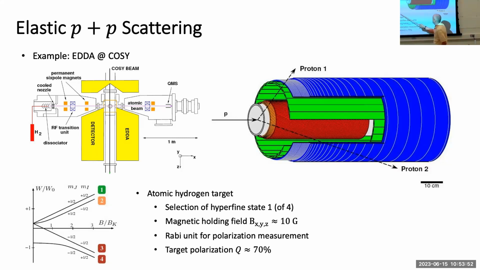And on the other side, what we now do is essentially the same, where we again sort out the states that we're not interested in, and we see how much actually survives of this. That's called a Rabi unit, and we can use that to measure the target polarization. So we can switch this off, measure the particle flux.